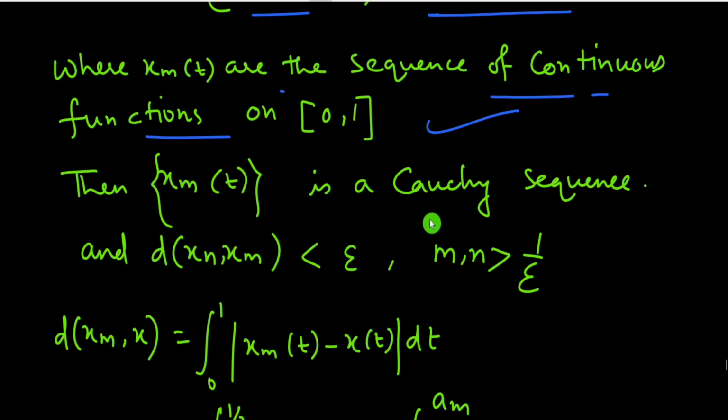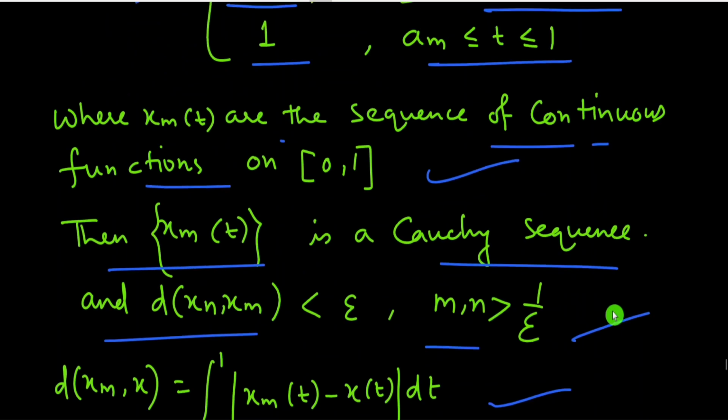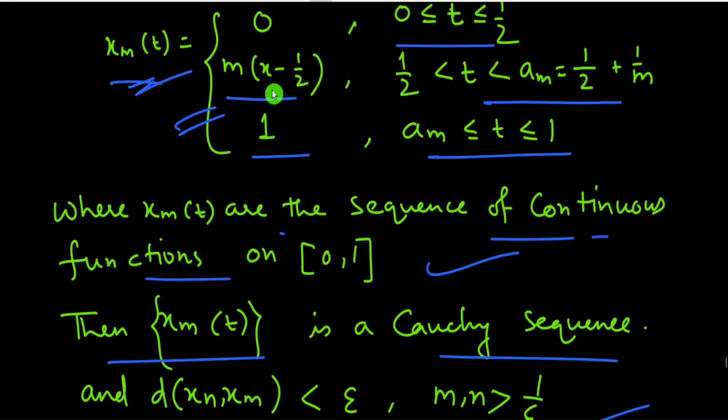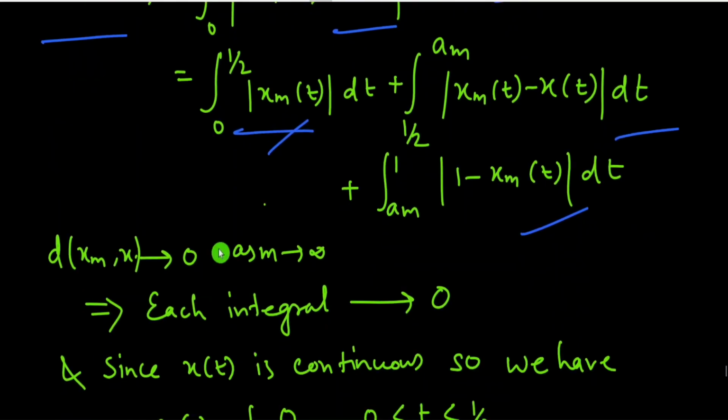Whether it is a Cauchy sequence, yes, it is a Cauchy sequence. x_n is a Cauchy sequence, d(x_n, x_m) is less than epsilon for all m, n greater than 1 by epsilon. d(x_n, x_m) equals the integral from 0 to 1 of this, with the three integrals derived from the definition of this function x(t), and these three are modulus functions, therefore these three integrals are non-negative. Now d(x_n, x_m) tends to 0 as m tends to infinity, therefore each integral tends to 0.